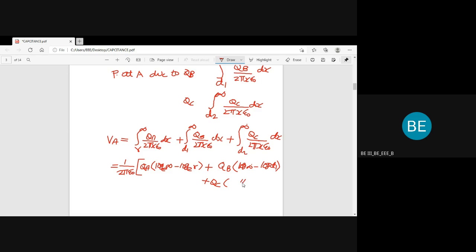Here you will get the difference, logarithm of d2.